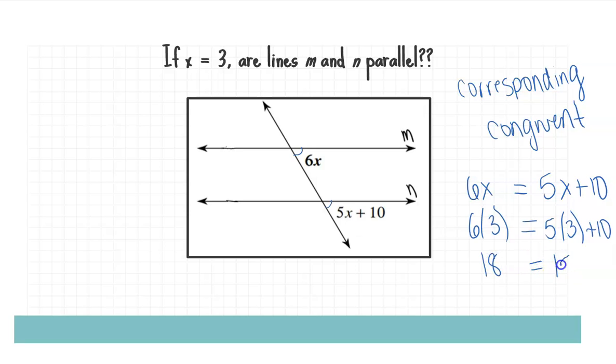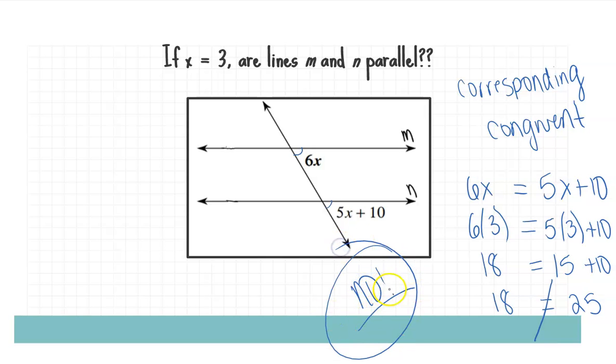So that would give us 18 equals 15 plus 10, which would give us 18 equals 25. Is that true? That is not true. 18 is not equivalent to 25. So therefore, once again, we are going to say no. We cannot prove that these two lines are parallel.